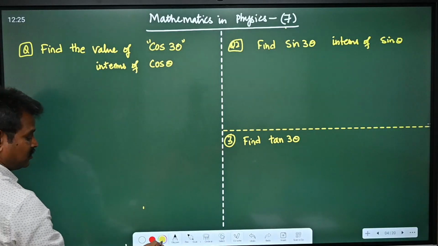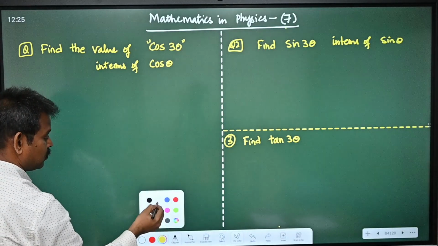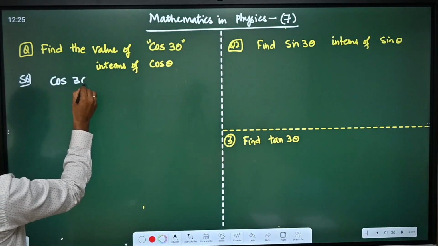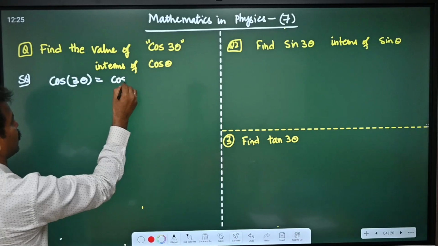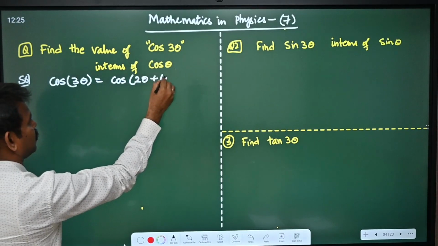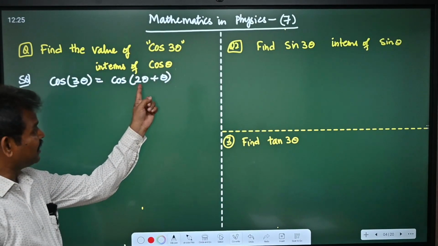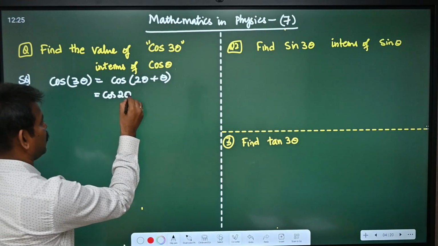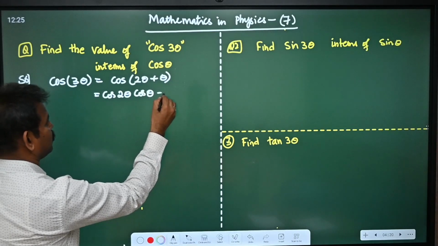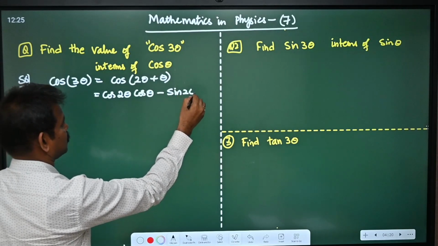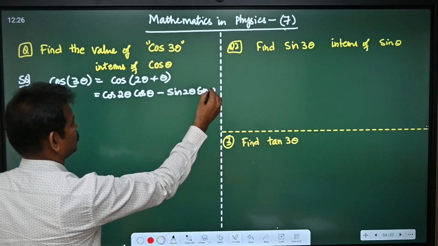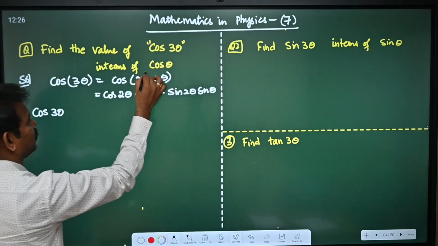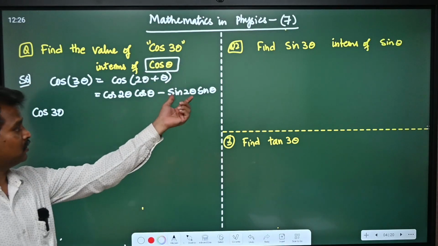In terms of cos theta, students, cos 3 theta can be written as cos of 2 theta plus theta. This is in the form of cos A plus B, which can be written as cos A cos B minus sin A sin B. So cos 3 theta we need only in terms of cos theta, so we need to eliminate sin theta.